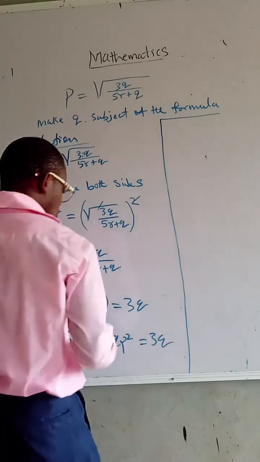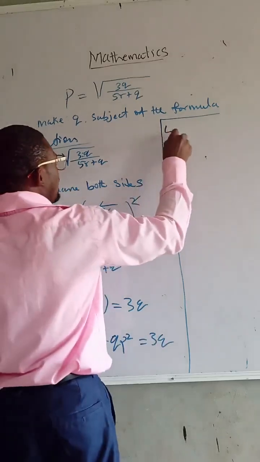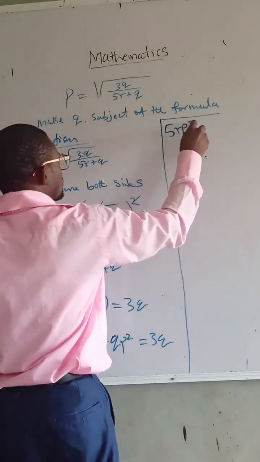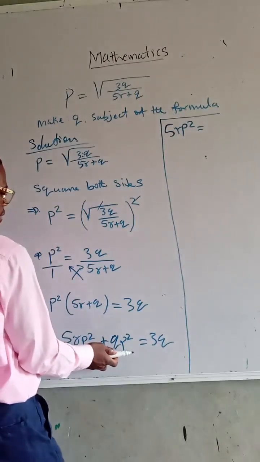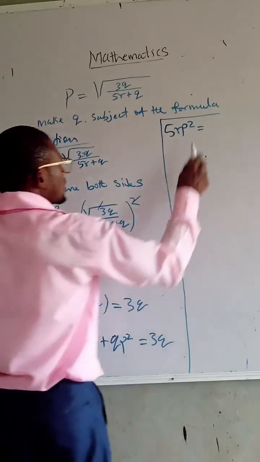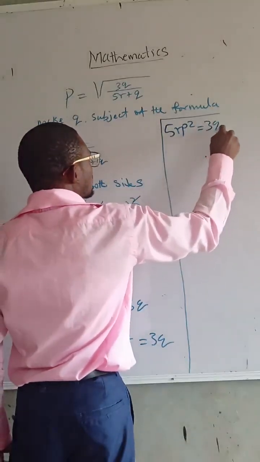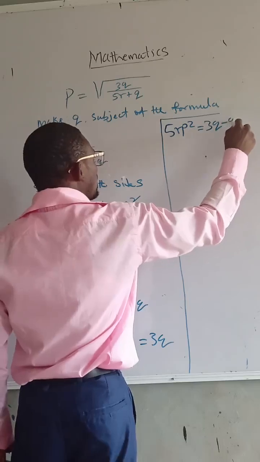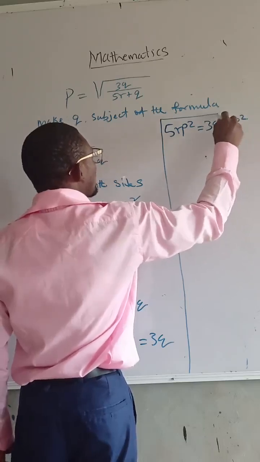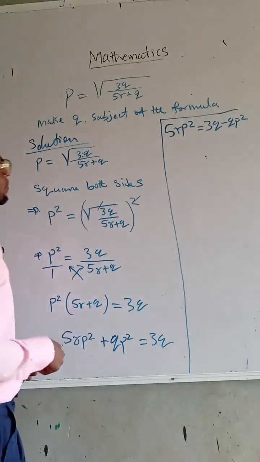So I will have my 5rp squared equals this plus qp squared. When it comes to this side, it becomes minus, right? So I have 3q minus qp squared. Can you see the board?